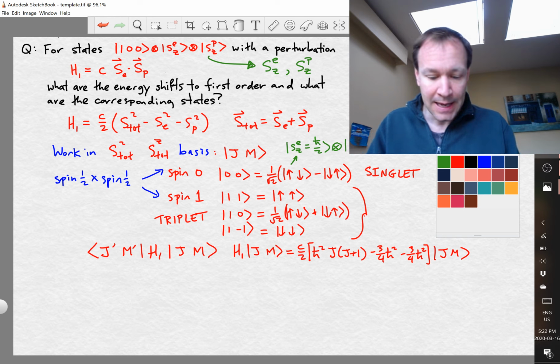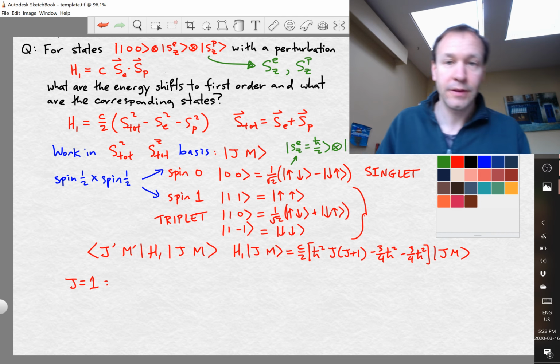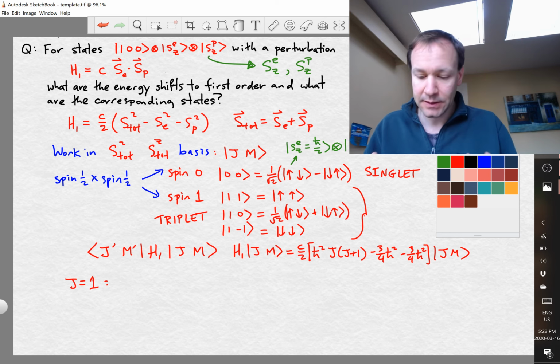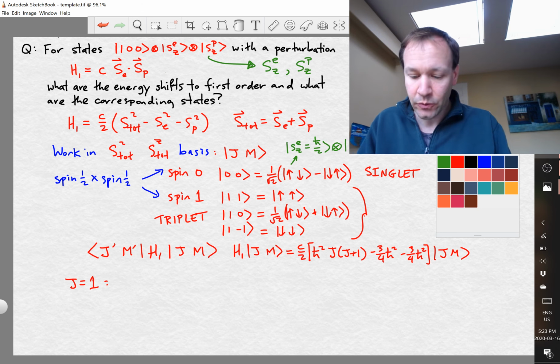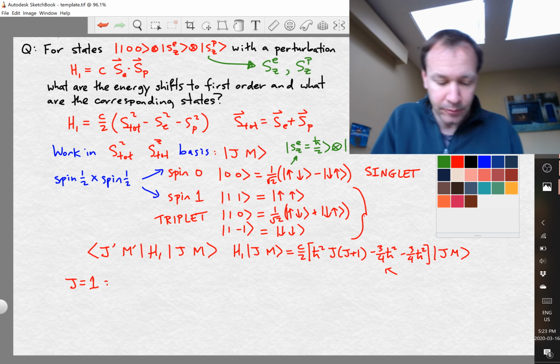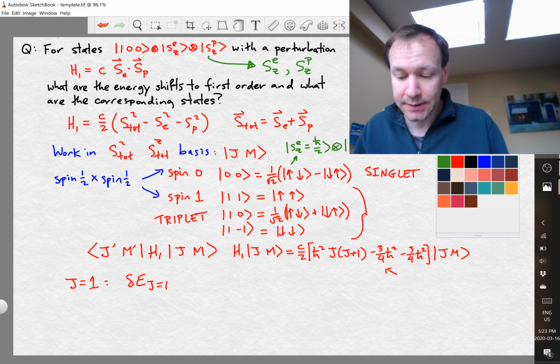So basically then we just get that for the j equals 1 states, the energy shift is just this diagonal matrix element of Jm with this guy. All we have to do to find the energy shift for j equals 1 is plug in j equals 1 into our formula here.